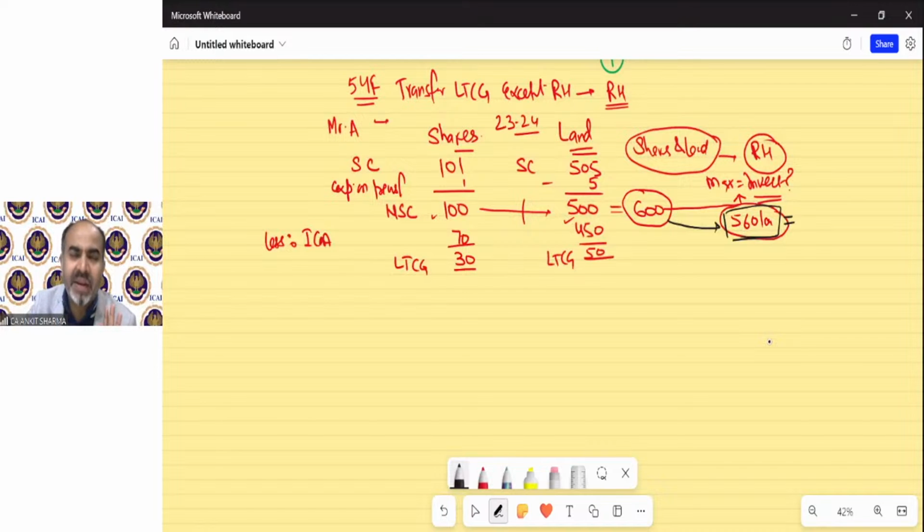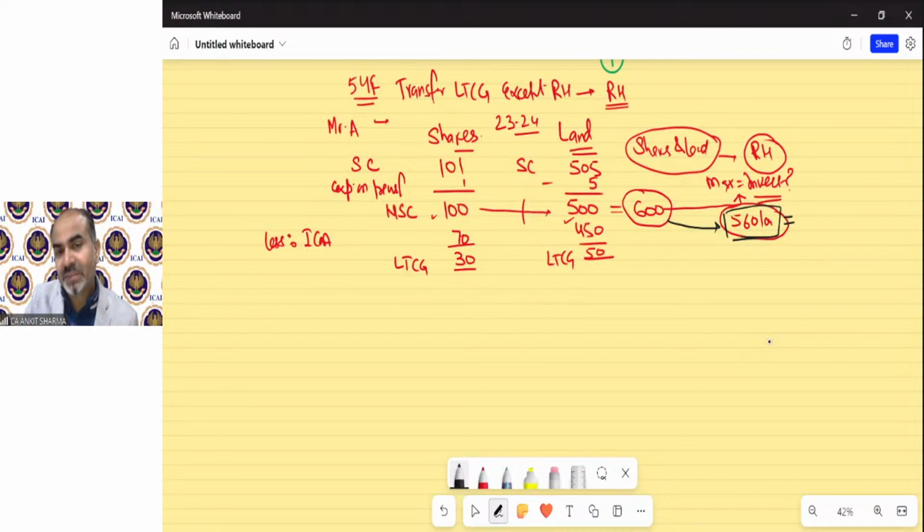There's a reason behind it. It can be 580, 590, but he will not say that he invested complete 600 for the purchase of new residential house. There is a reason, because if he says that full 600 has been invested, then the solution will be easy for you. So to make it somewhat complicated, they will always say that full consideration has not been invested. There is 560, 550, 540, 580, 590, 595, or even 599 can be possible.